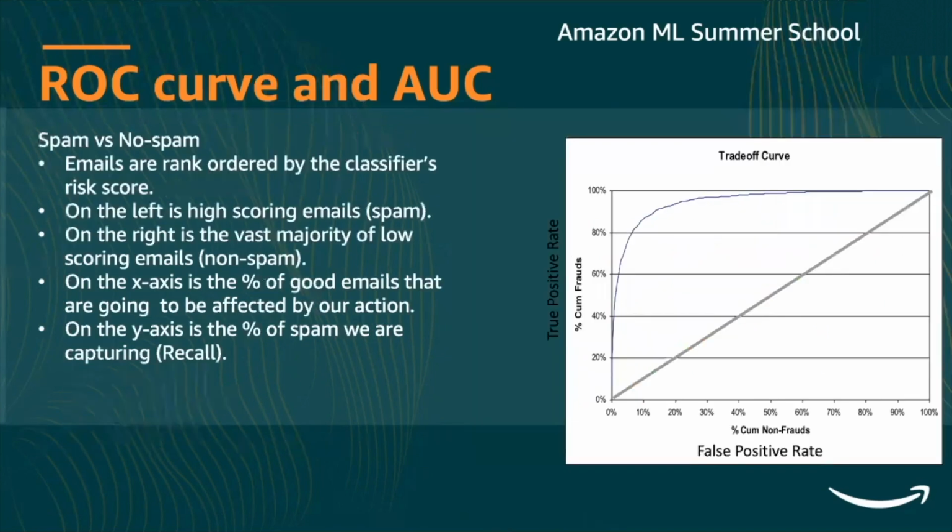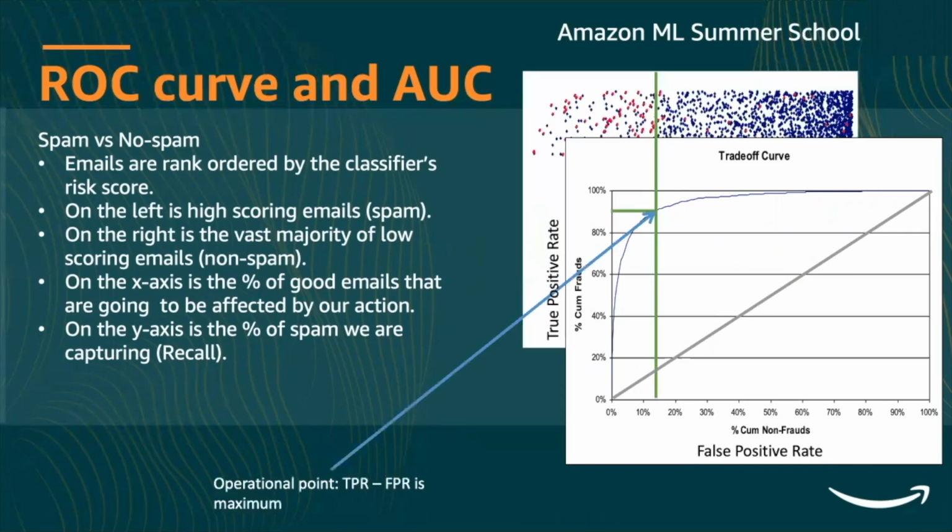So consider the problem of classifying a mail as spam versus no spam. Assume that the emails are ranked by the classifier risk score. On the left are high scoring mails, which should be classified as spam mail, and on the right are the low risk or low probability mails, which should be classified as no spam.